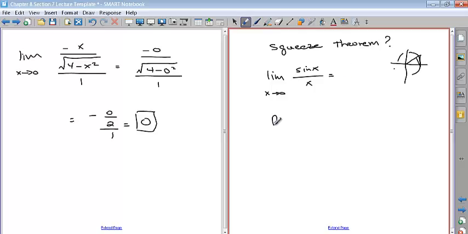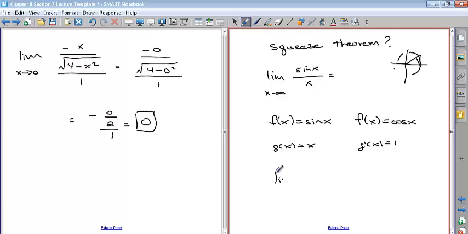So using L'Hopital's rule, f of x equals the sine of x, g of x equals x. So f prime of x equals the cosine of x, and g prime of x equals 1.